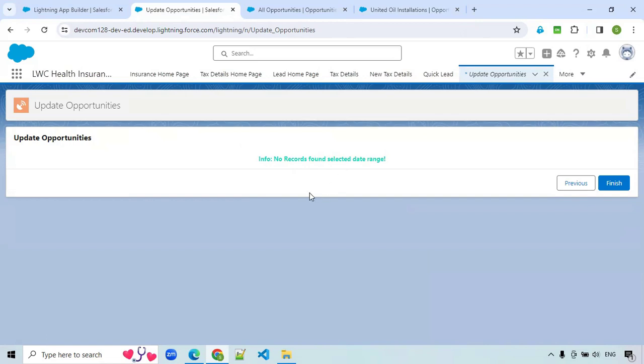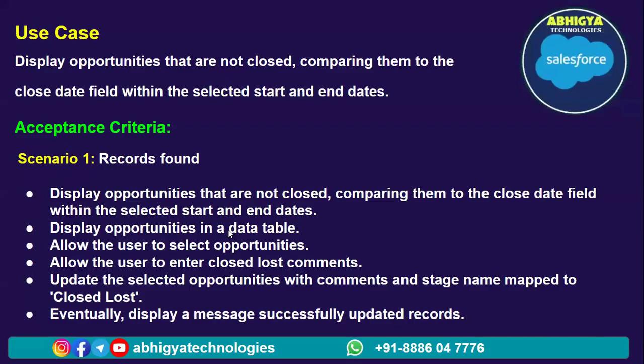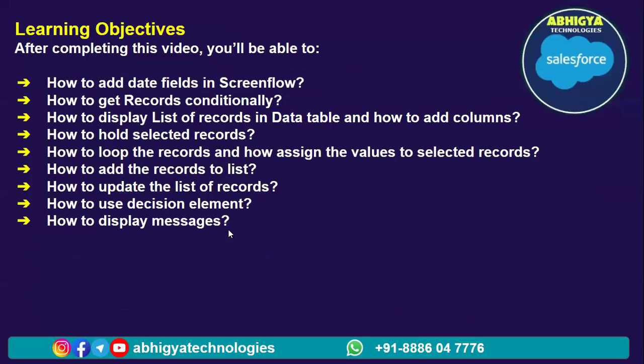After the completion of these videos, you will learn these items: how to add date fields into the screen flow, how to get records conditionally, how to display the list of records in the data table and add columns like stage name and close date, how to hold the selected records, how to loop the records and assign them, how to add records to a list and update them, how to use the decision element, and how to display the messages.